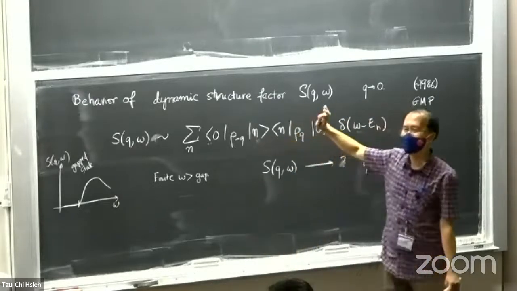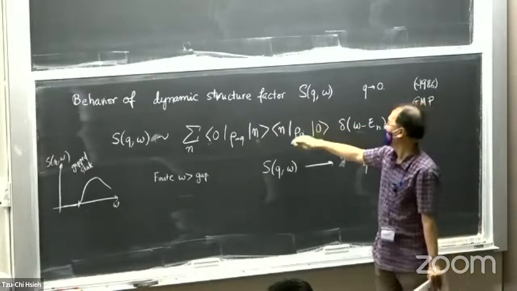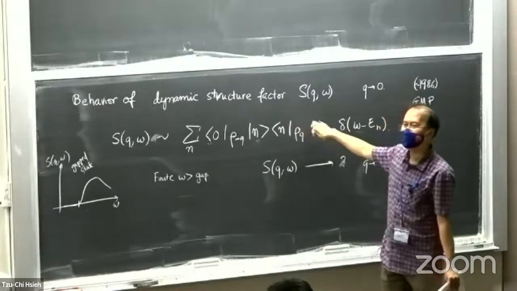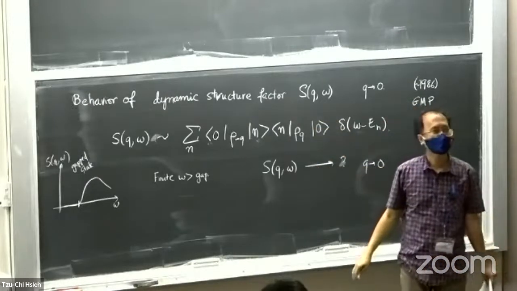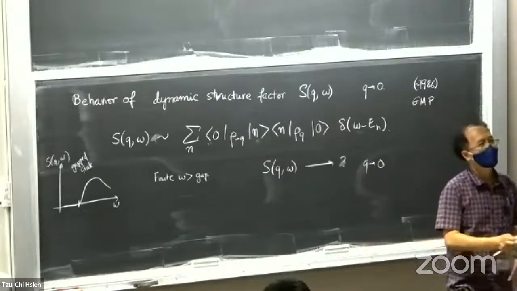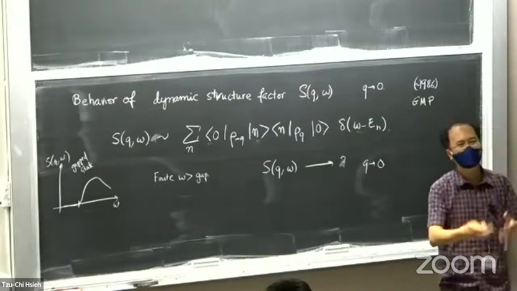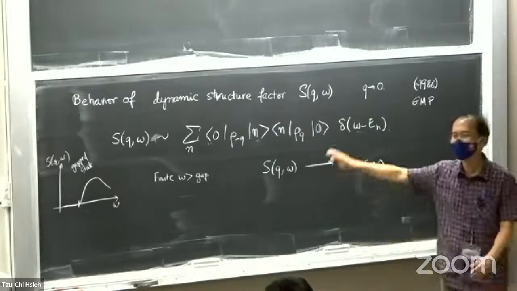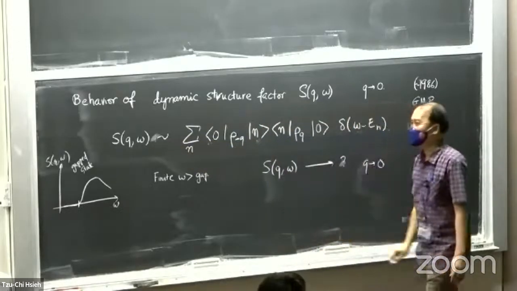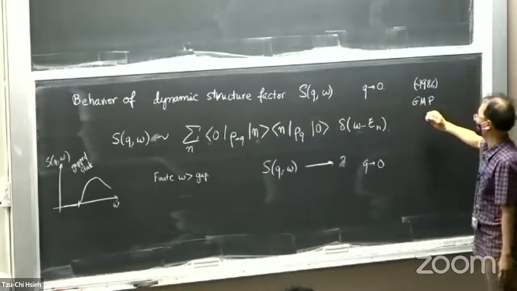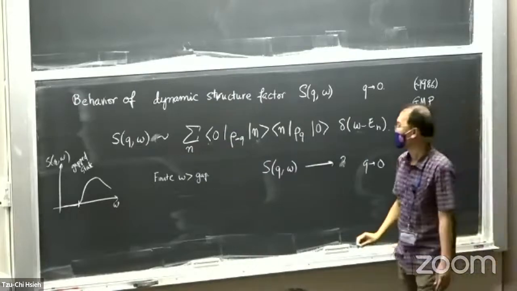If you are familiar with Feynman's theory, this density operator acting on the ground state is what Feynman uses as a trial wave function for a phonon state. So this quantity appears naturally in this variational treatment of the excitation.